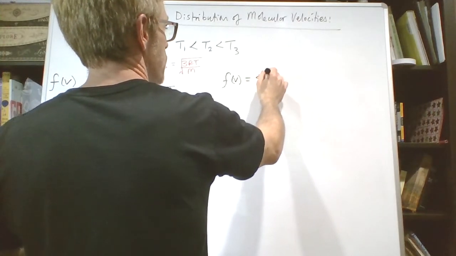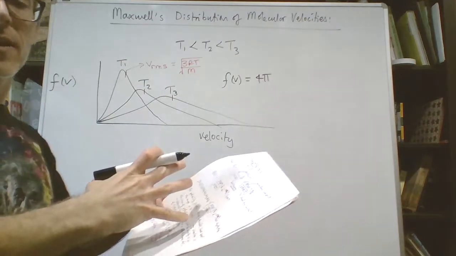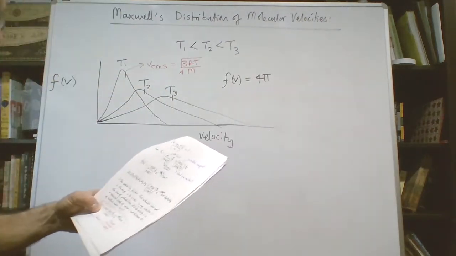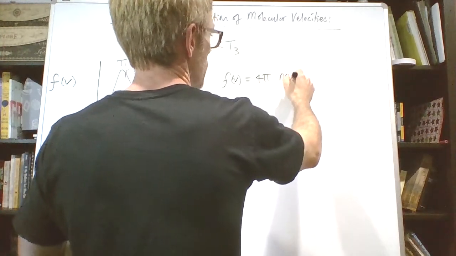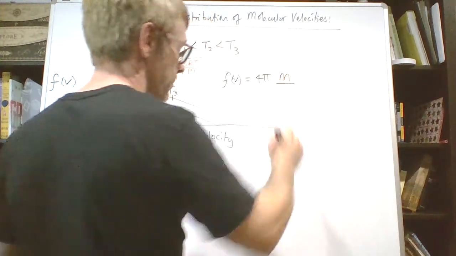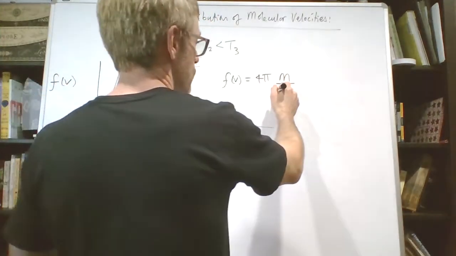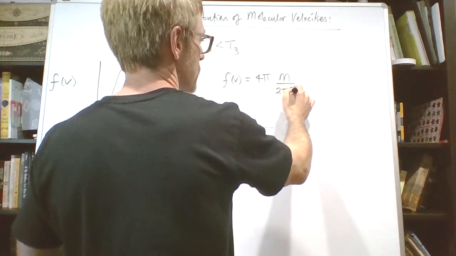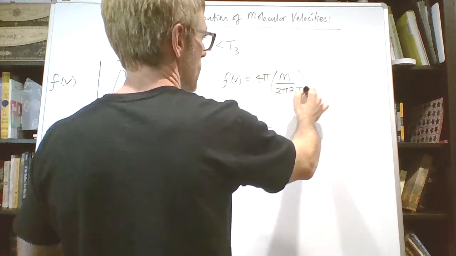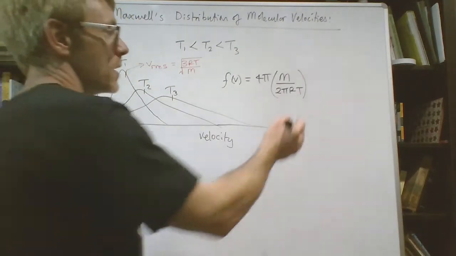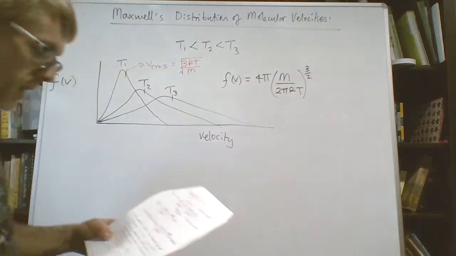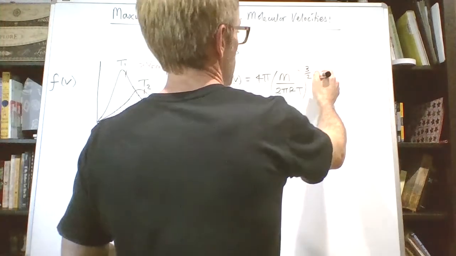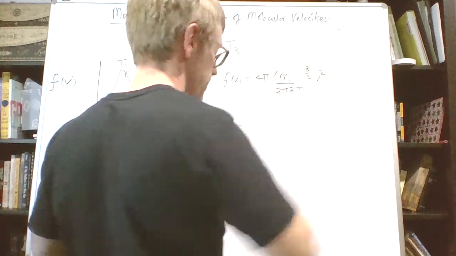So we have a factor of 4 pi because we have a spherical sphere of gas. Remember, a gas can expand in its container in any direction. We have a molecular weight. We have a factor of 2 pi RT. This is raised to the 3/2 power. We have a velocity squared.